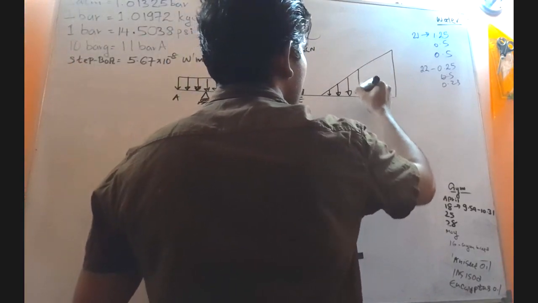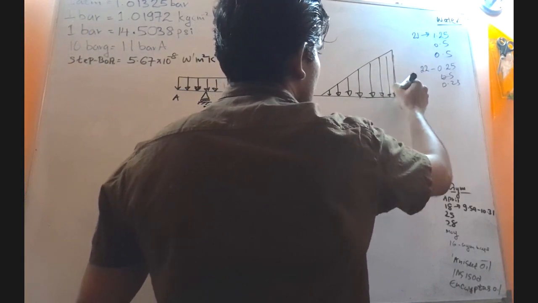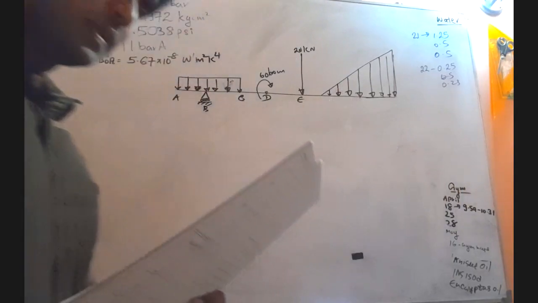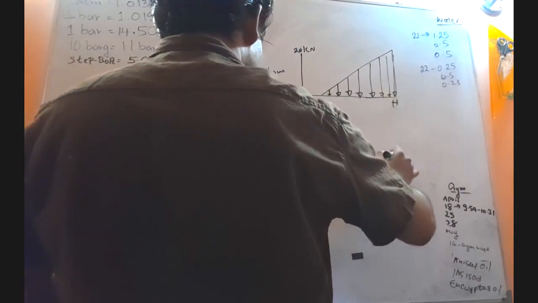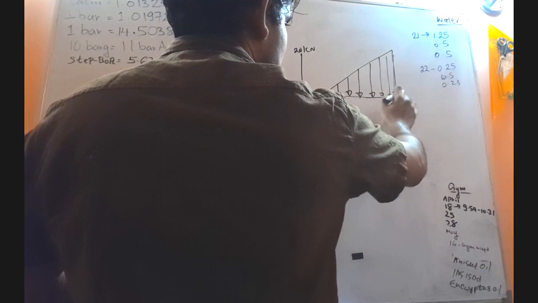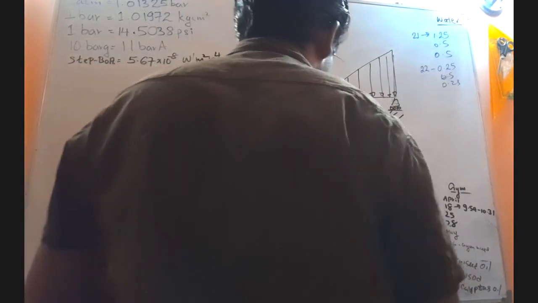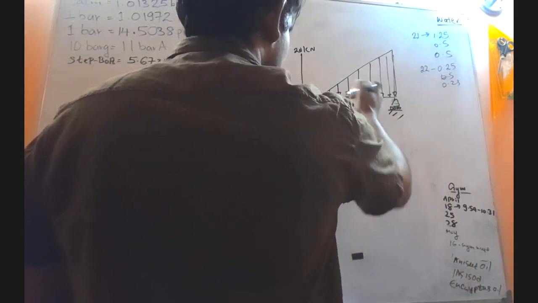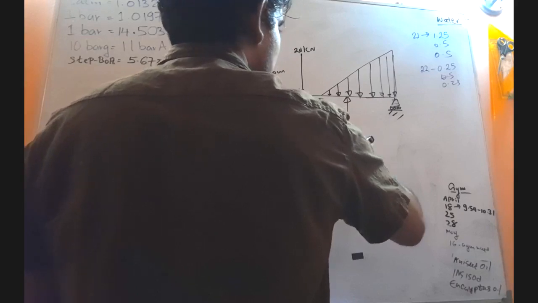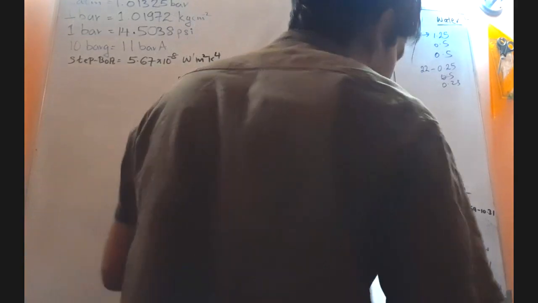So the position is FH, and at this position H, again there is a roller support, and at position G there is another point load of 40 kilonewtons.